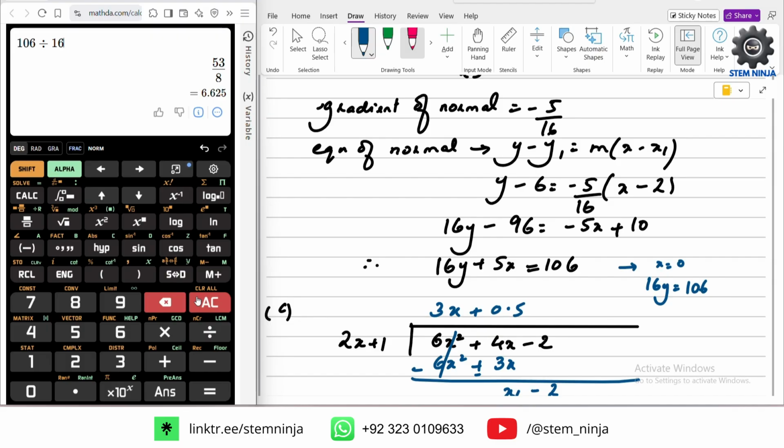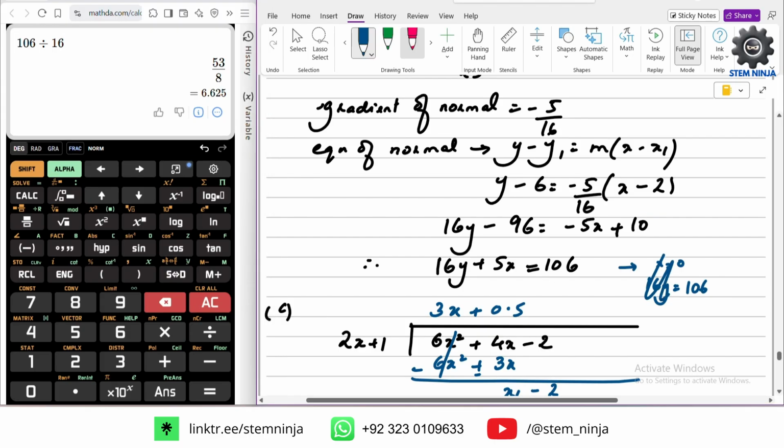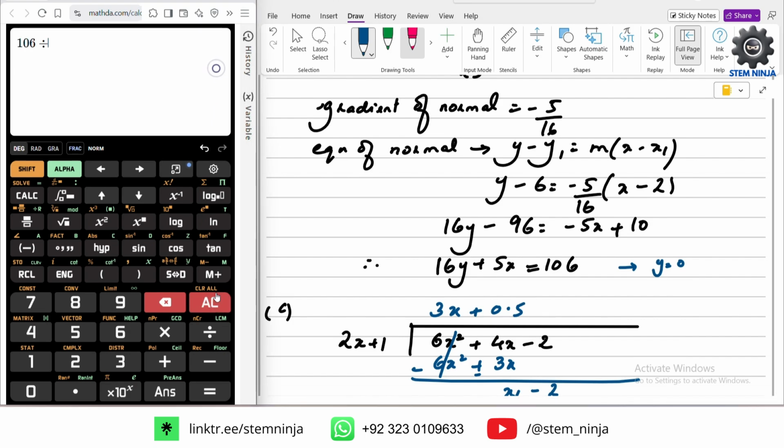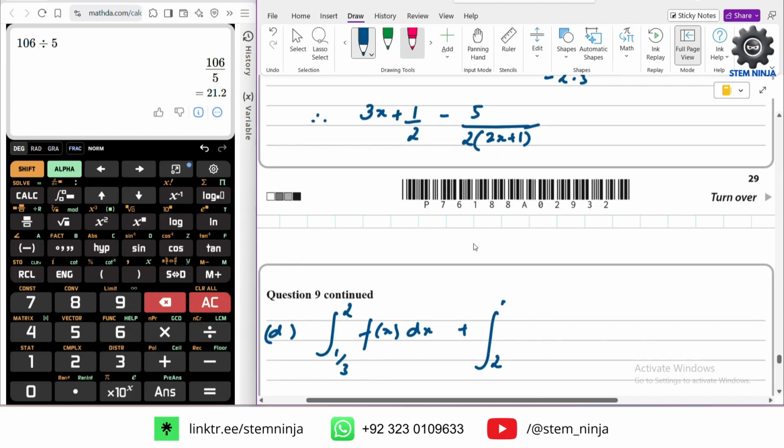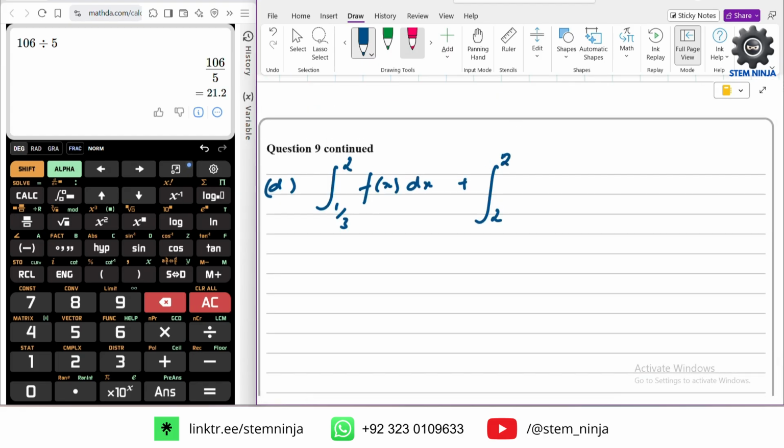This is a weird thing. Sorry, what am I doing? Y is equal to 0. Wait. Y is equal to 0, 106 divided by 5. Right, okay, so x would be just simply 21.2. Alright, so 21.2. Right, okay.